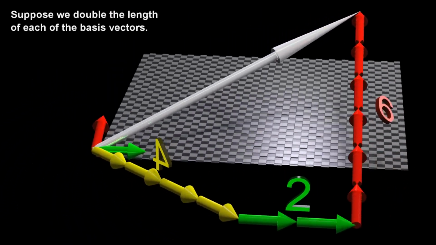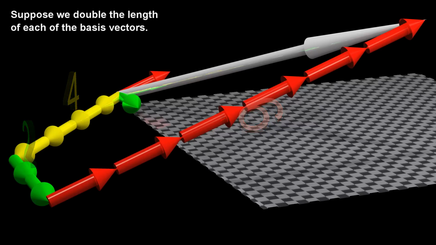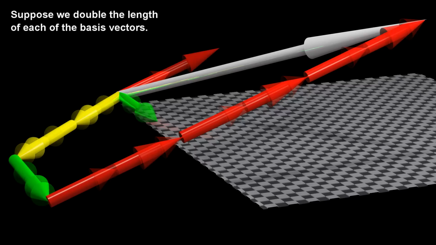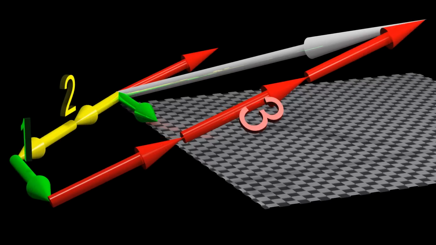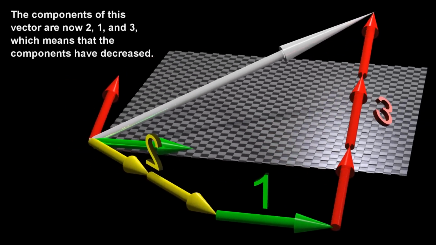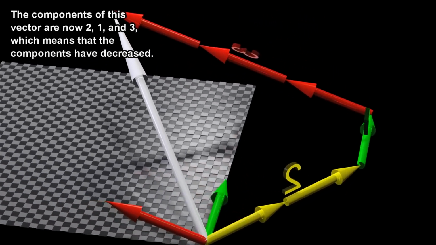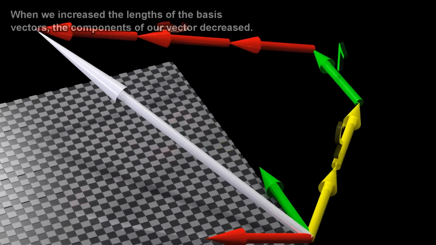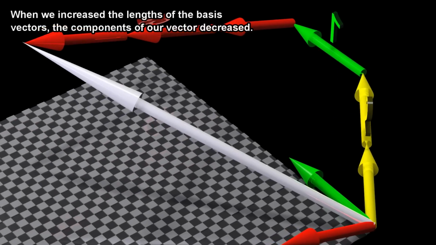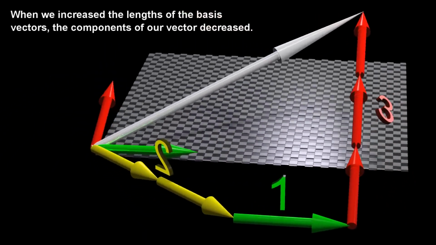Suppose we double the length of each of the basis vectors. The components of this vector are now 2, 1, and 3, which means that the components have decreased. When we increased the lengths of the basis vectors, the components of our vector decreased.